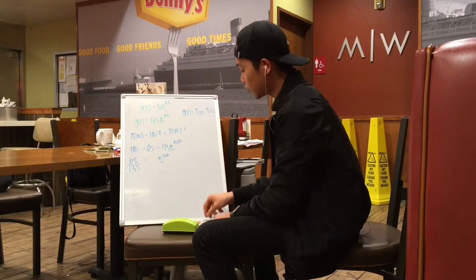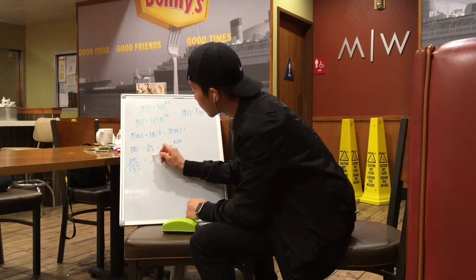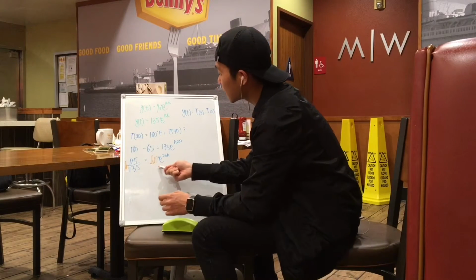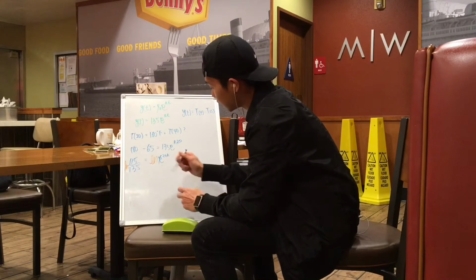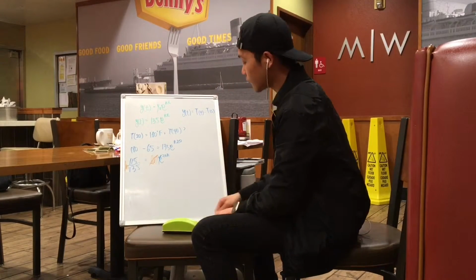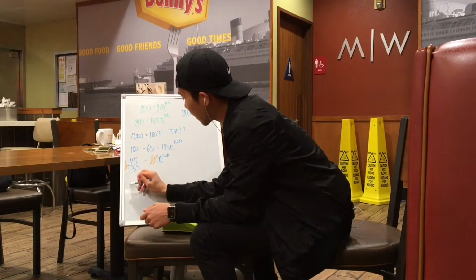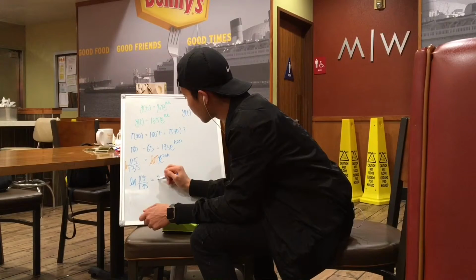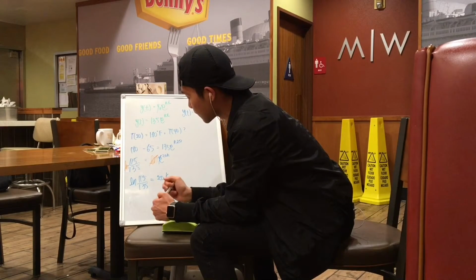The next step is to take the natural log on both sides. So you cancel out the e by raising to the ln. What you should get is the natural log of 115 over 135 equals 20k.